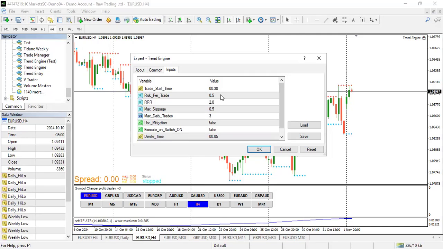Use mitigation. All right. Because this is a trend following system, when there is a trend change, what usually happens is that there tends to be a bit of a pullback in the direction of the original trend before the new trend fully kicks off.